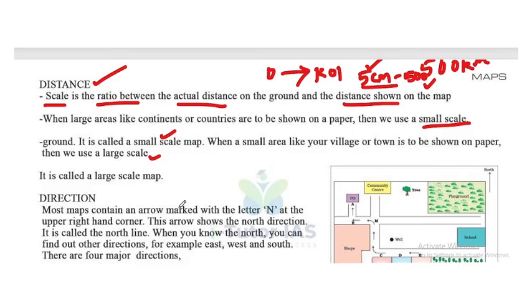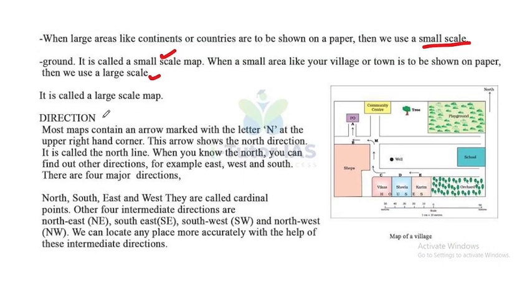Now that is distance. The second one is direction. Most maps contain an arrow marked with the letter N at the upper right hand corner. Look at this picture. This is north, an arrow shown as N. If you know north, then you can know other directions: just opposite of north is south, here west, and here east.